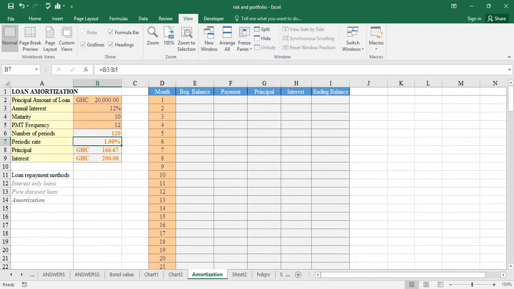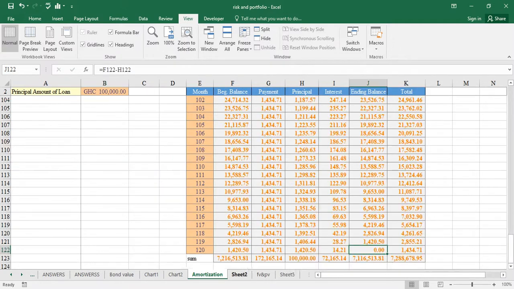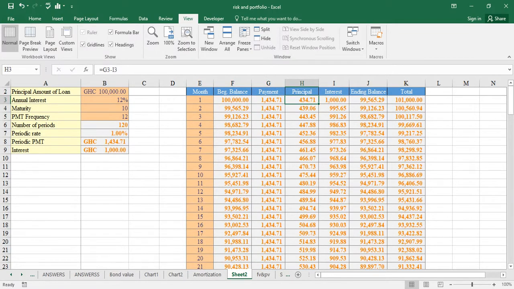It doesn't change. And some people refer to the first one that we did as the reducing balance method or the declining balance method, because if you look at this, the interest is declining, but the payment is fixed.